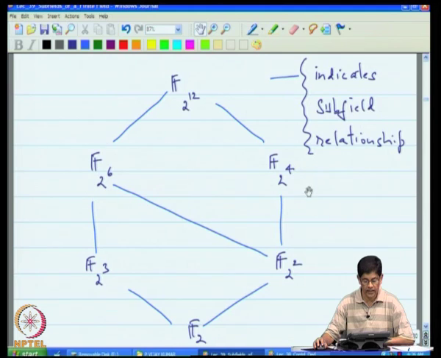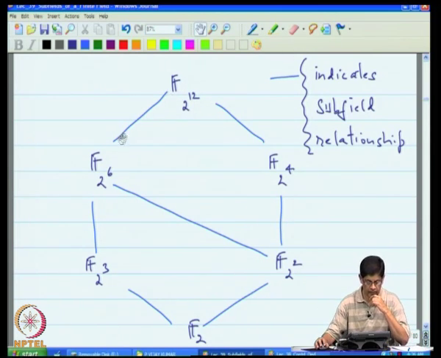It turns out that the only other subfields in this finite field are of size 2 to the k, where k divides 12. Now, the divisors of 12 are 6, 4, 3 and 2. So, they are all shown here.